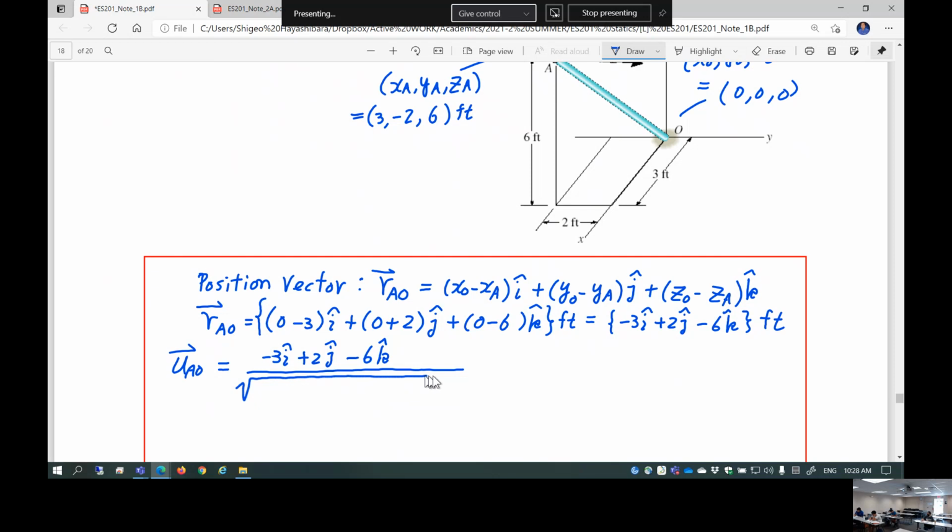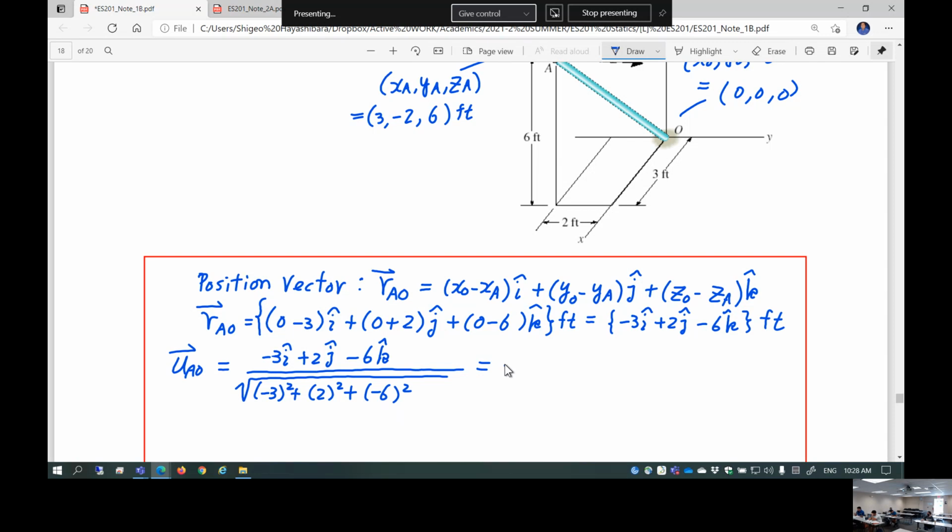So this is the square root of minus 3 squared plus 2 squared plus minus 6 squared, which is 7.